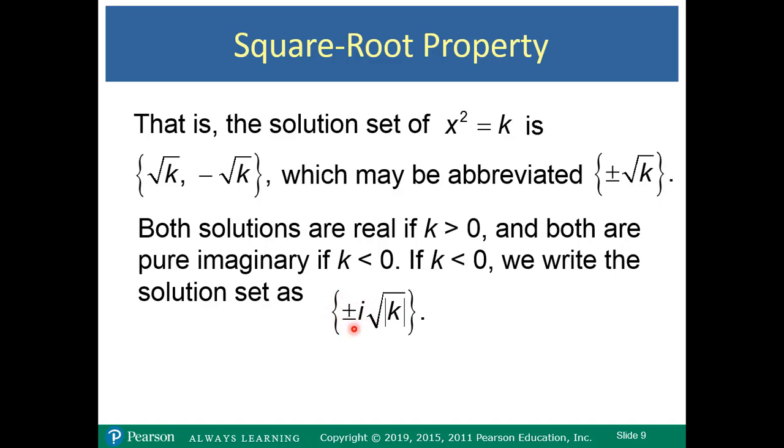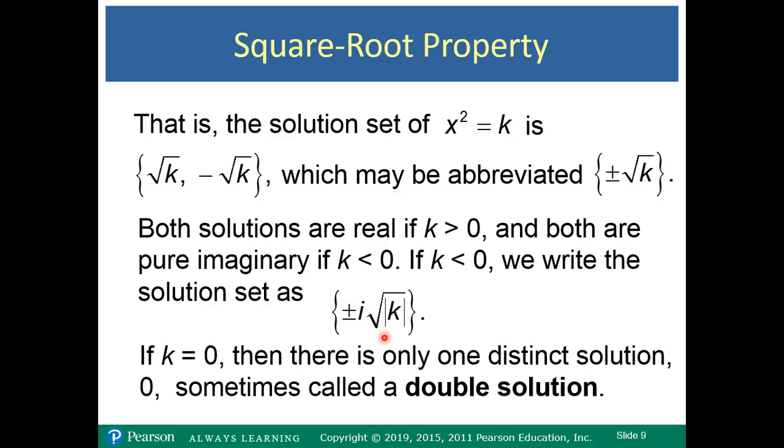So remember, if it's an imaginary number, we can write it with an i up front and just make this positive. Obviously, if k is 0, then there's only one distinct solution, and it's sometimes called a double solution.